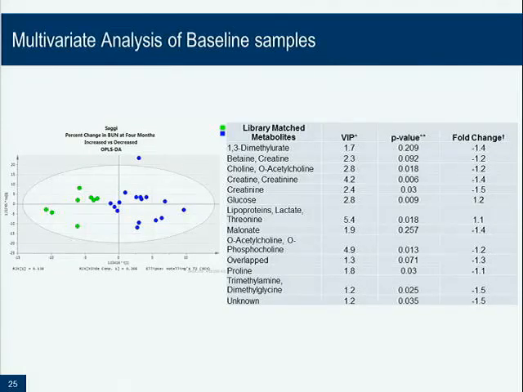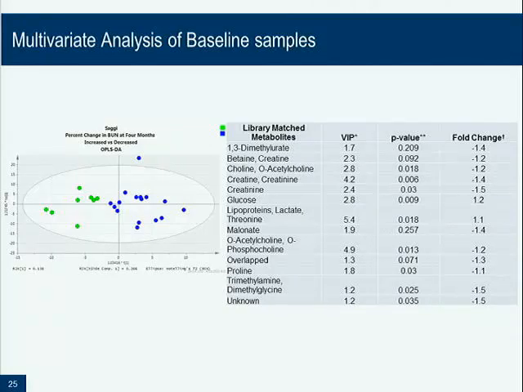And I did just want to mention that I've been showing some of these plots, and they have VIPs. These are variable importance, and the higher the number, the more important that metabolite is to defining the phenotype of interest. And then, of course, we also calculate p-values, and in this study there's a number of p-values less than 0.05.